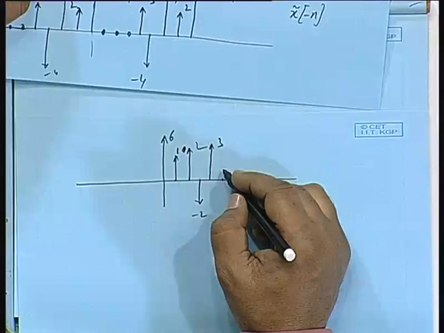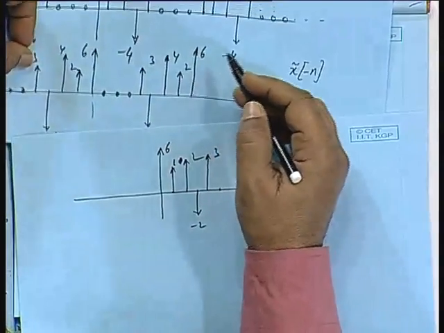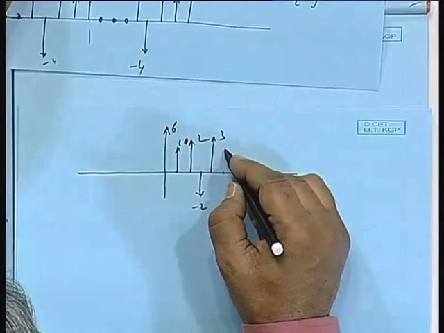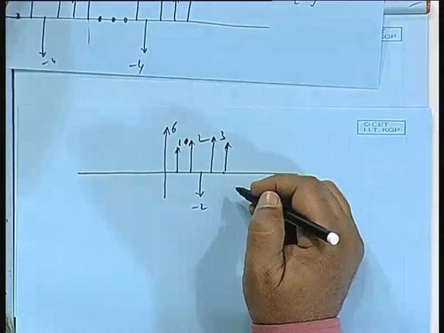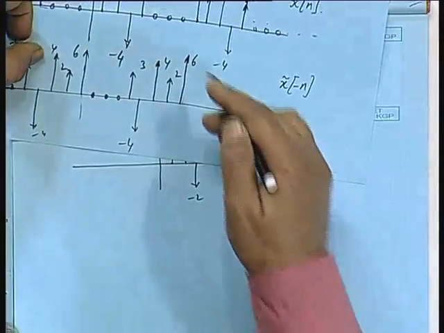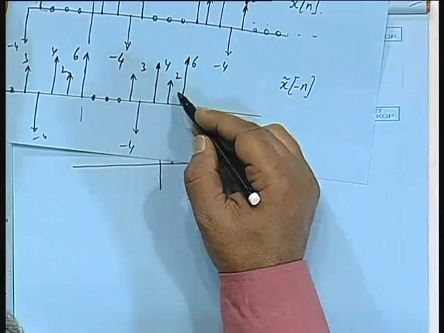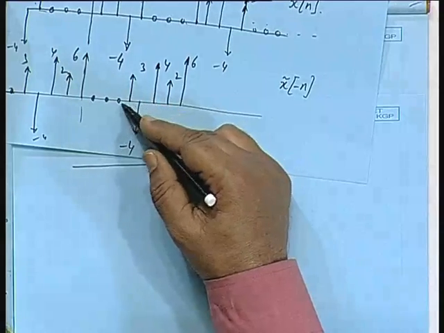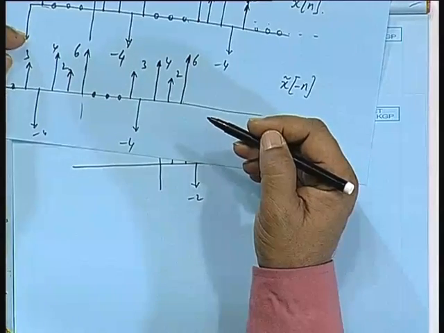What will it be? It will be 4, am I all right? 4, so 2, then 1. Check if I have taken 2 plus 1, 6, 2, 4, minus 4, 3, minus 4, 3, 0, 0, 0. Is it all right? So, 3 plus 3.